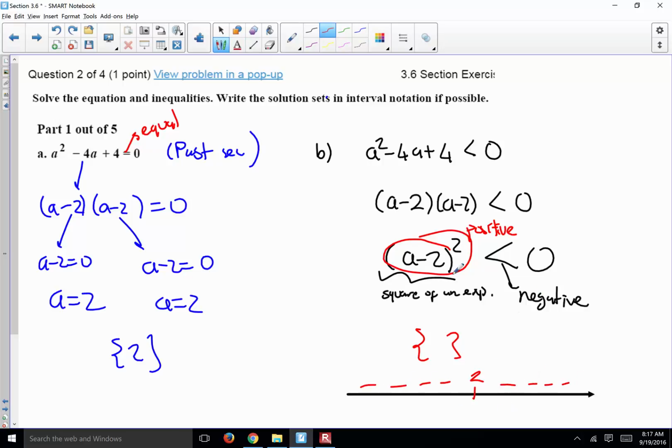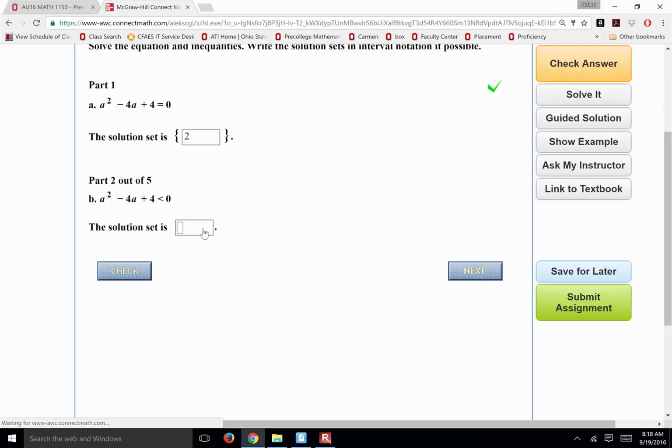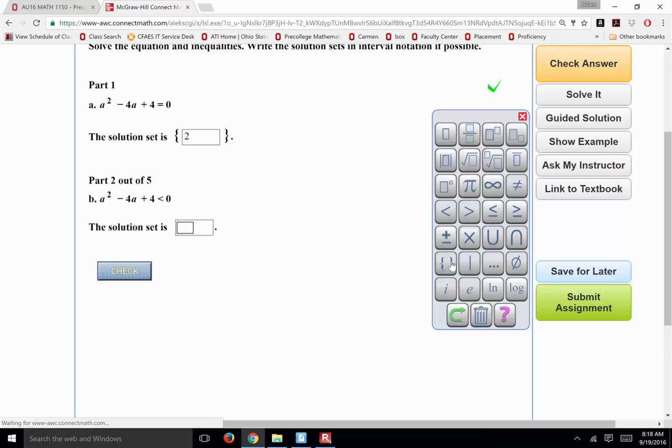It's always positive everywhere. Just test a value, for example, 3 or 1. When I put in 1 or 3, this thing is always positive. So there is no negative region. So this is the empty set. Make sense?